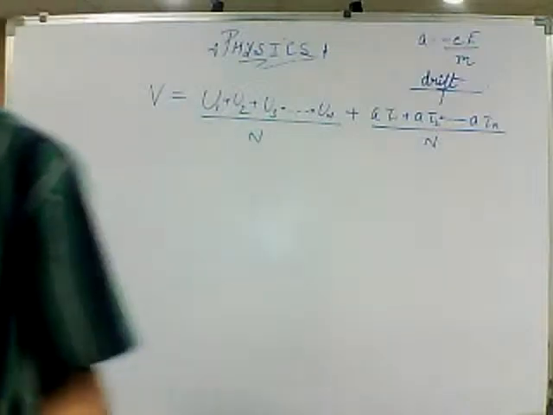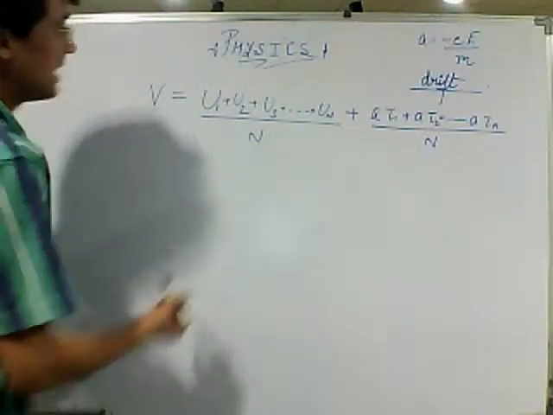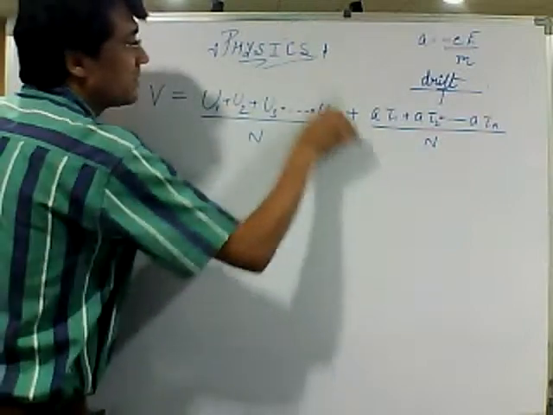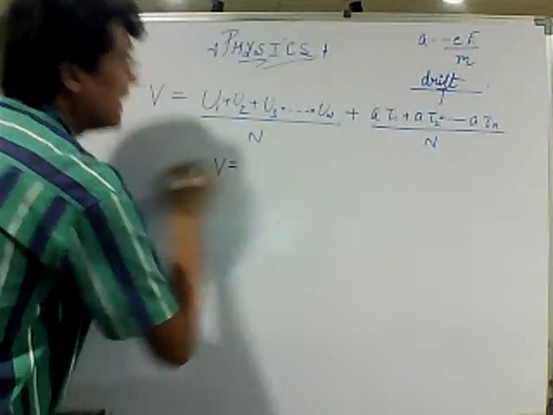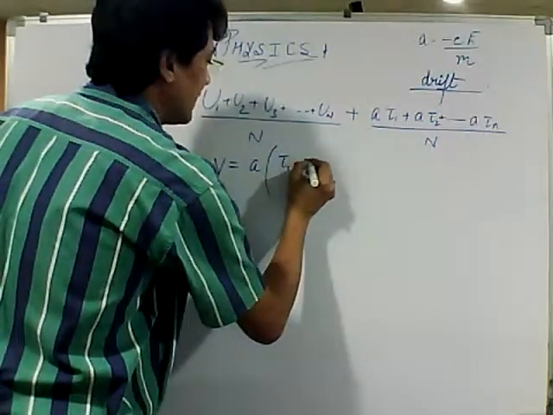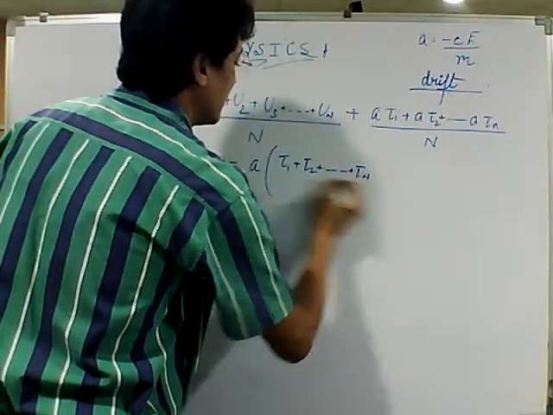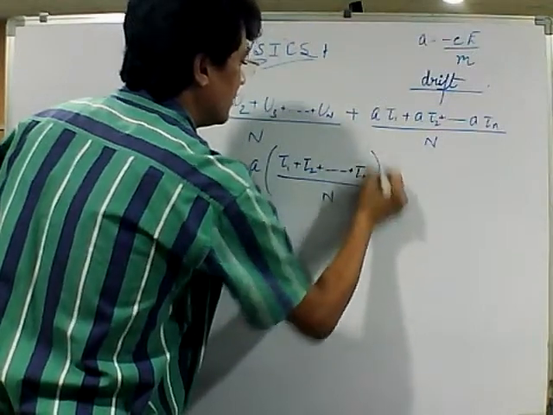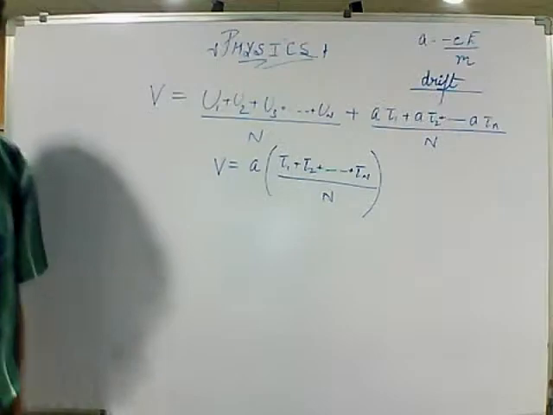We already saw that the average of the initial velocities was 0. So I am left with v as a into the average of these relaxation times.